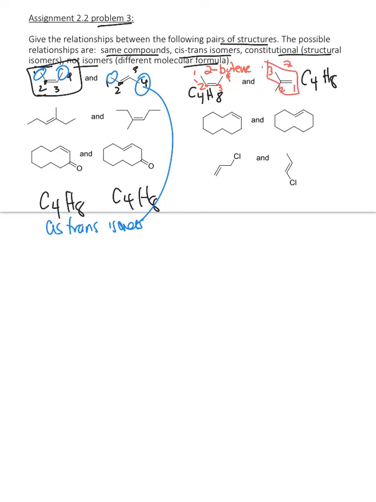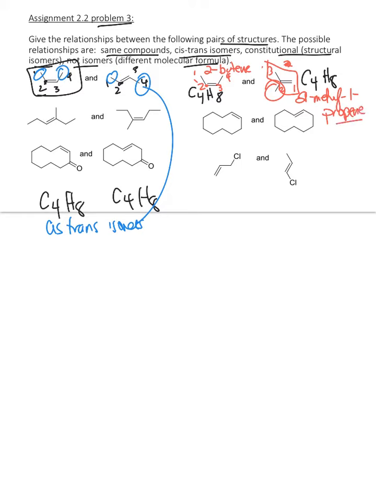That's your longest chain. So it would be 2-methyl, this is your substituent, 2-methyl-1-propene. So it has a totally different name, okay?